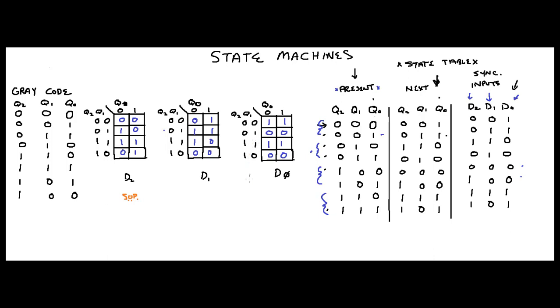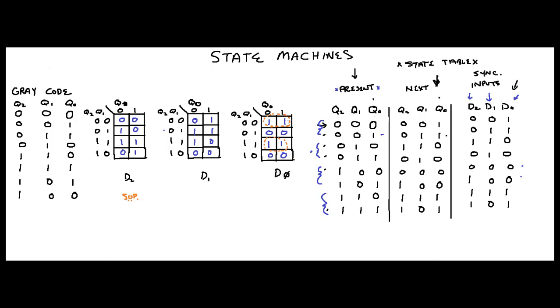So, for those ones, I'm going to say for D0, I'm sorry. If I said Q0, I'm sorry, but D0 is what I meant.